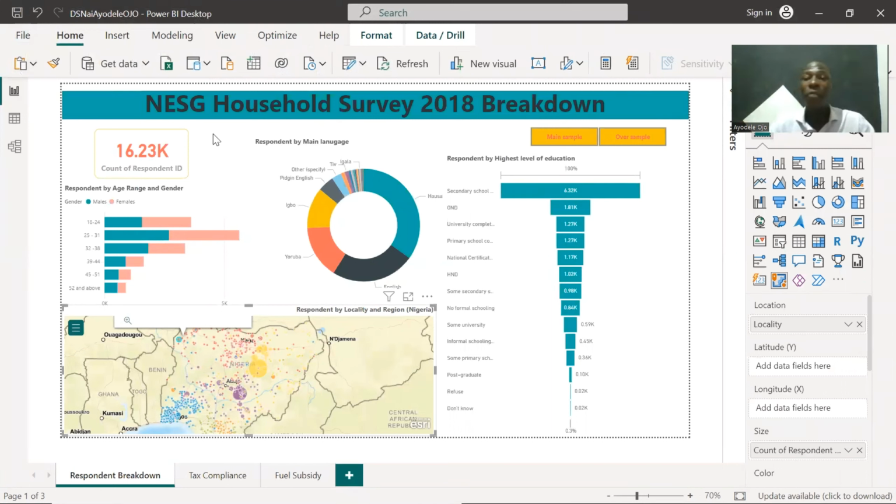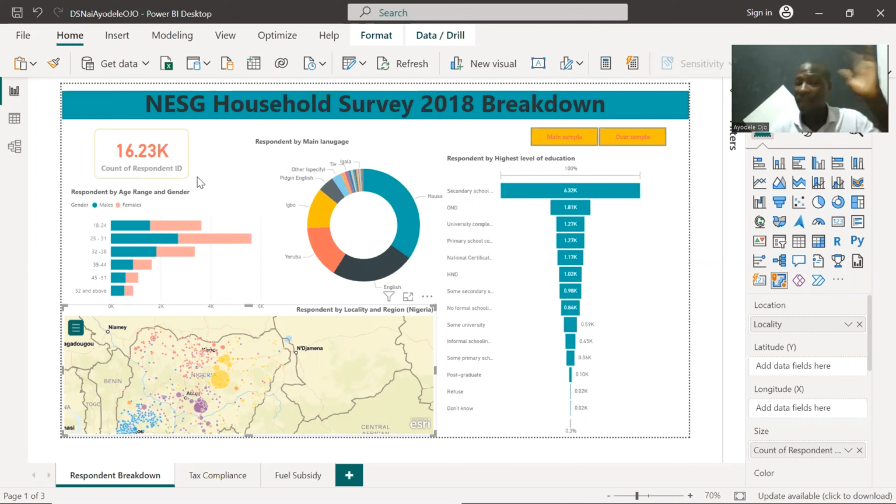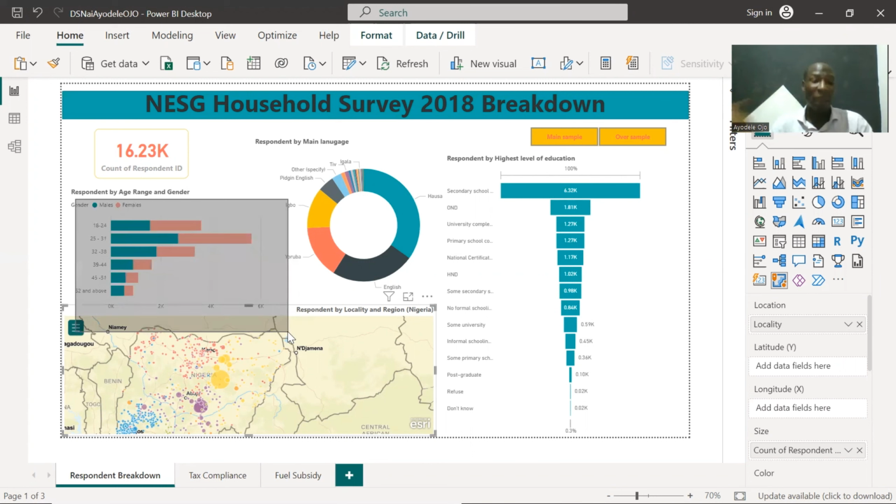We have the visualization over there, and the total is about 16,223 people who filled the form. Then the distribution of the respondents, their age range, and whether male or female, is represented here with a bar chart.